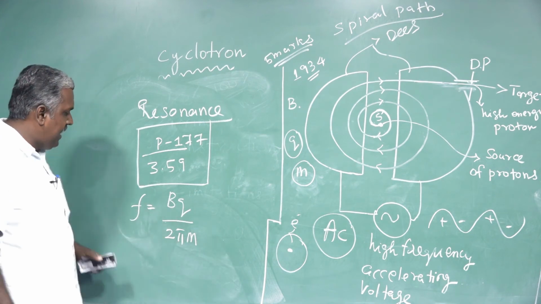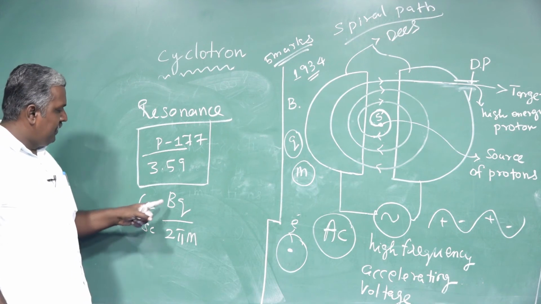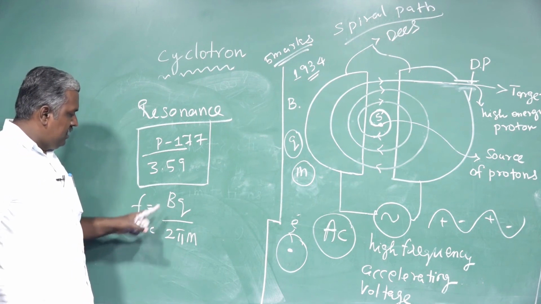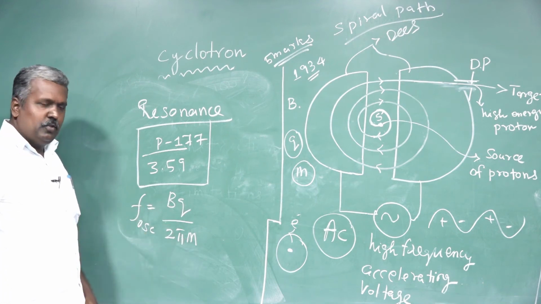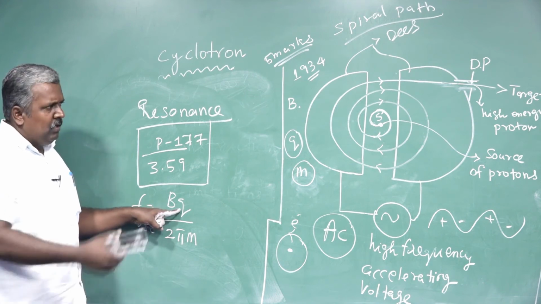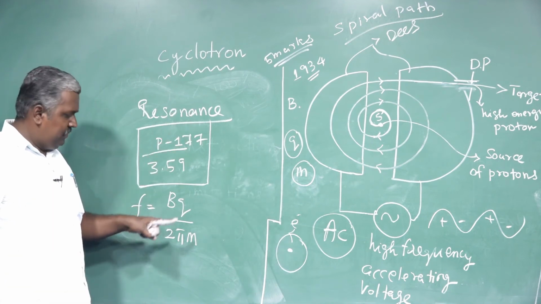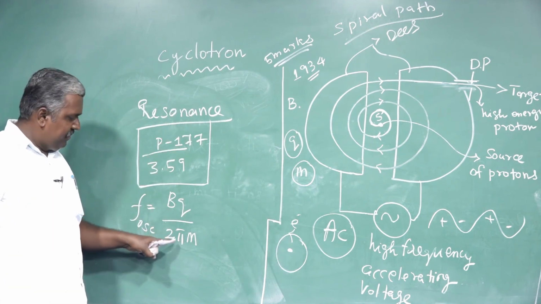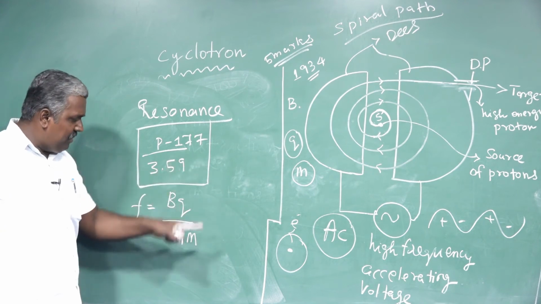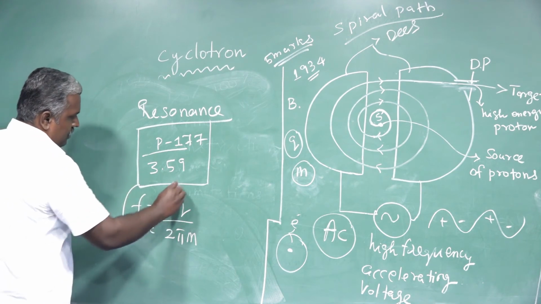From that we can write the frequency of the oscillator f as Bq by 2 pi m, where B is the uniform magnetic field, q is the charge of the positive ion, for example a proton, m is the mass of the ion, and 2 pi is a constant.